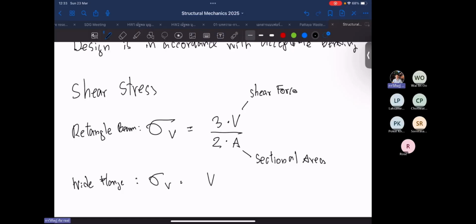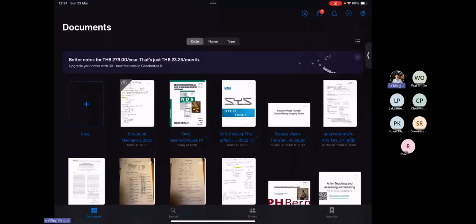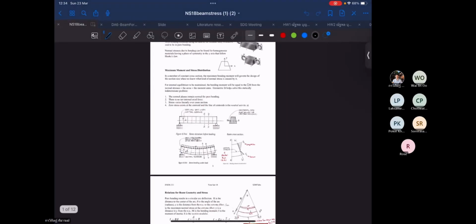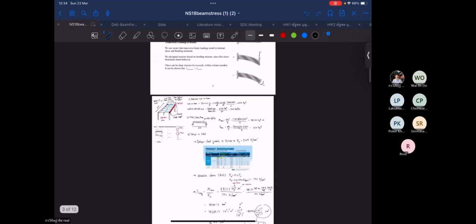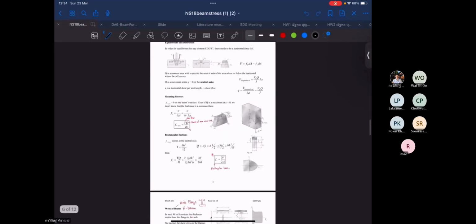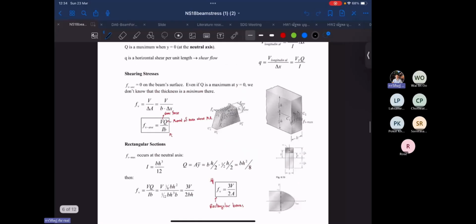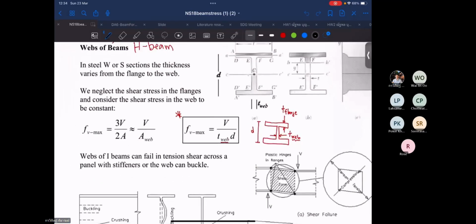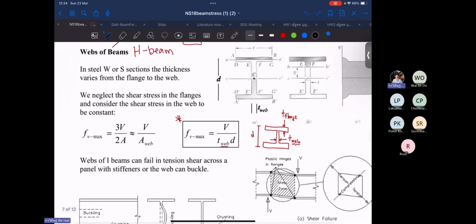Okay, a moment. Let me check the material first. Beam steel. Okay. Usually use this one. For the wide flange beam, you use V divided by thickness of the web multiplied by the depth of the beam.